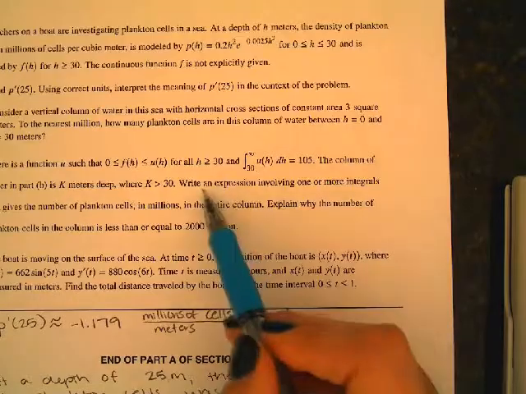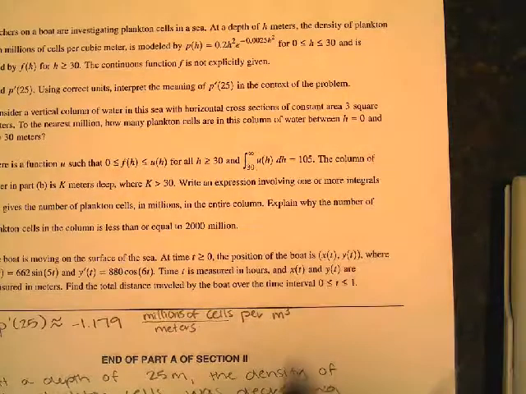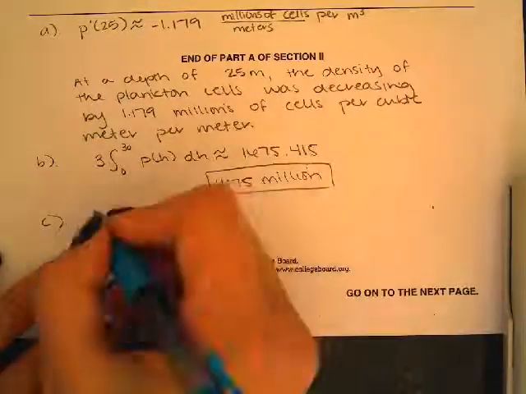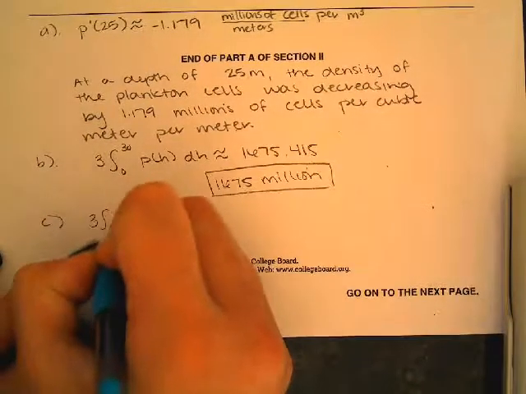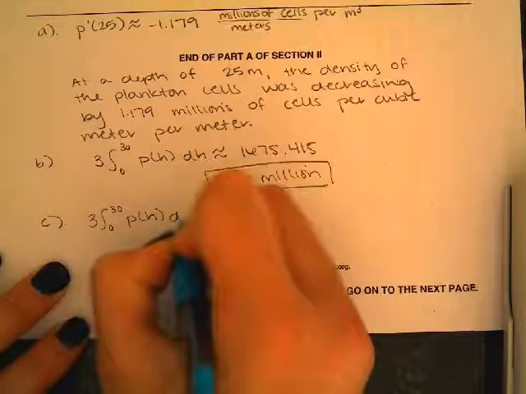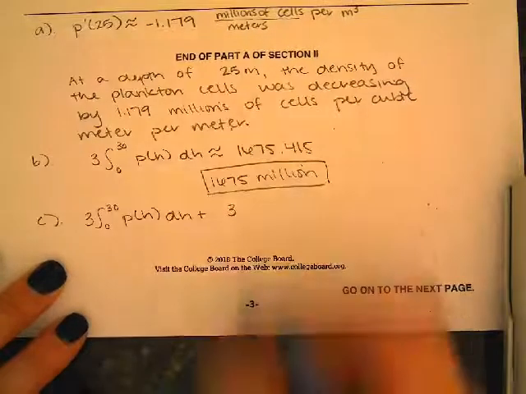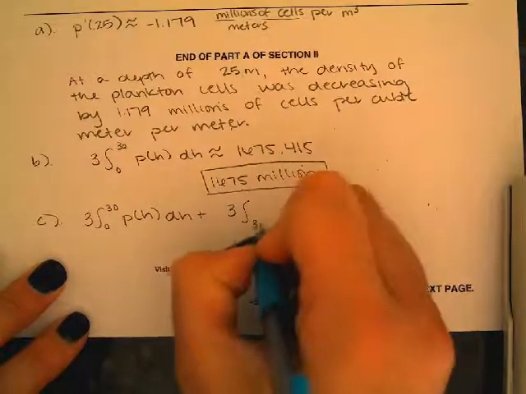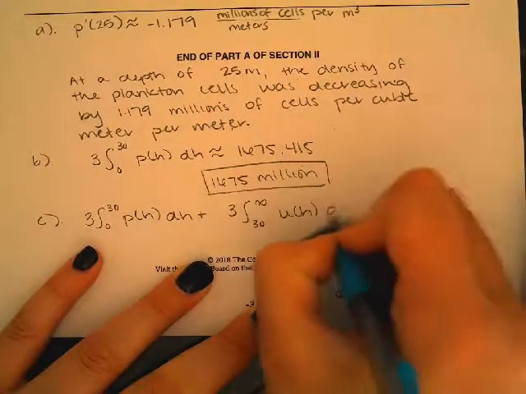They want us to write an expression involving one or more integrals that gives the number of plankton cells for that entire column. So we've got 3 times the integral from 0 to 30 of P of H dH plus, with that same area of the base, which is 3, 30 to infinity of U of H dH.